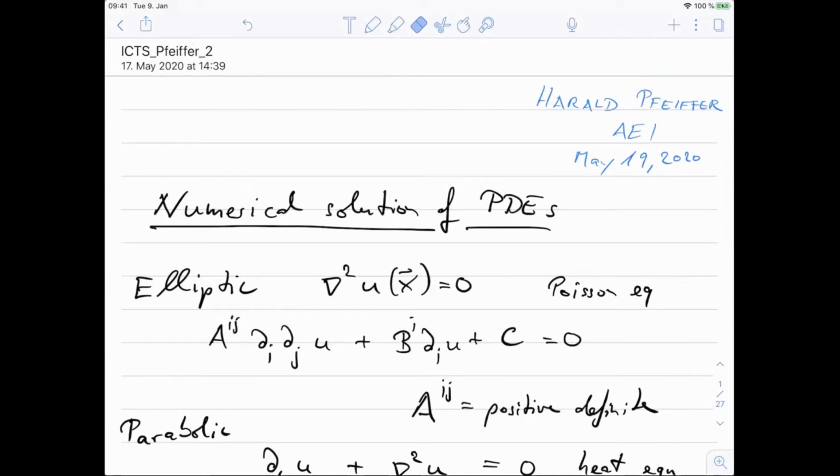As a very simple intro reminder, elliptic equations are just equations of space. The prototypical example is the Poisson equation, or more generally, you can have any type of second-order differential operator as long as your coefficient matrix A is positive definite.